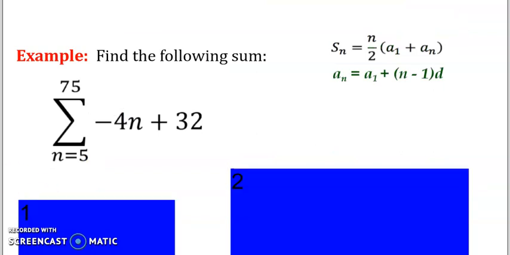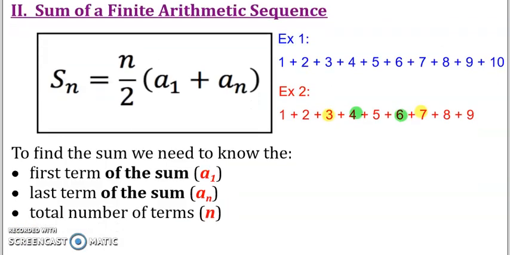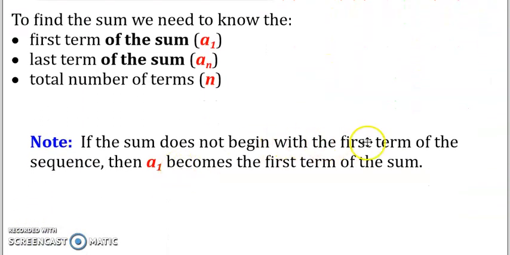This one's slightly different because right here, you'll notice we're not starting at the first term. We're starting at the 5th term. But remember what we said way back. If you don't begin with the first term, then A1, whatever we call A1, is just whatever the first term you're dealing with is in that sequence.